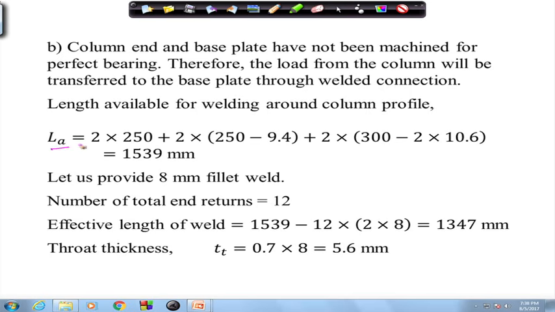So, available length we have calculated along the periphery of the column section, which is coming 1539 millimeter, and if we use 8 mm size of the fillet, then we can see that effective length of the weld is reduced because of the end return, because we have 12 end return and end return length will be 2s, 2 into size of the weld.